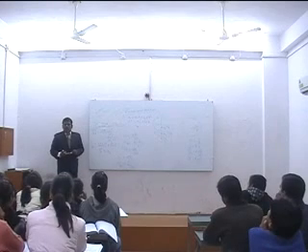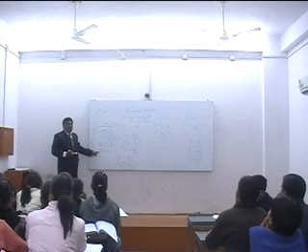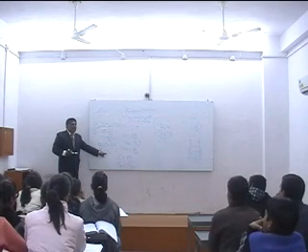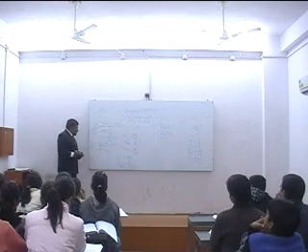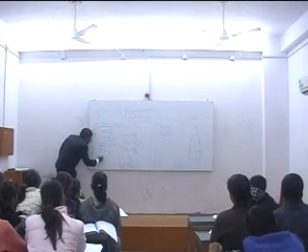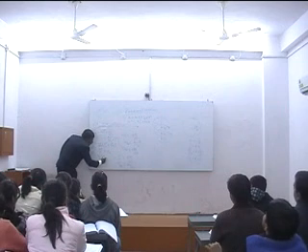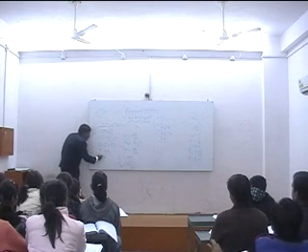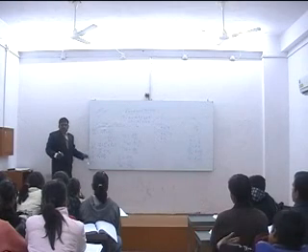So the particle has two kinds of acceleration. One is centripetal acceleration, another is tangential acceleration. So you can write a is equal to a_t plus a_r.